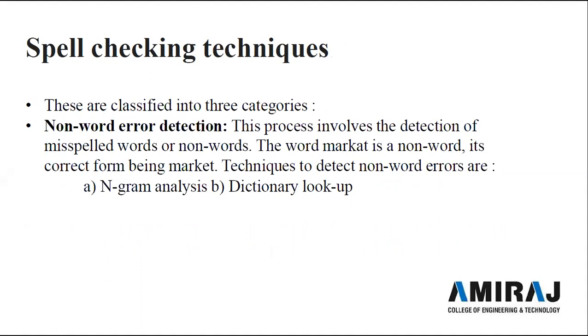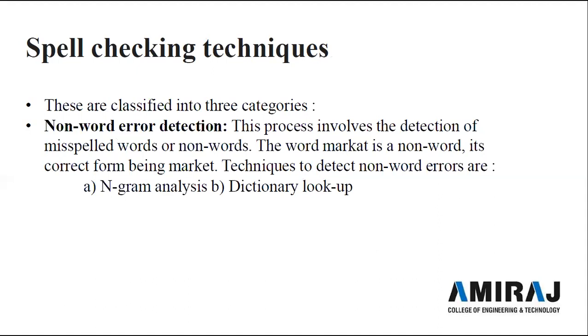Techniques to detect non-word errors are n-gram analysis and dictionary lookup. Okay, so non-word error detection means we have misspelled one word, and we have to identify, we have to detect that misspelled word or non-word, right?